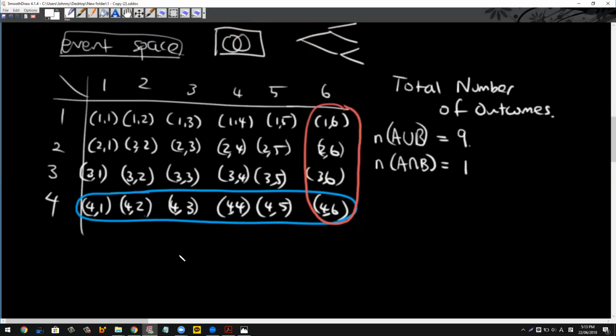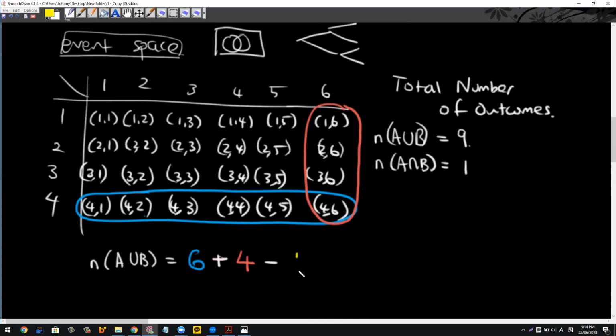But you can also calculate A or B this way. Actually, sorry: 1, 2, 3, 4, 5, 6, that's 6 there, and then plus 1, 2, 3, 4. That's 4. And then you minus 1.